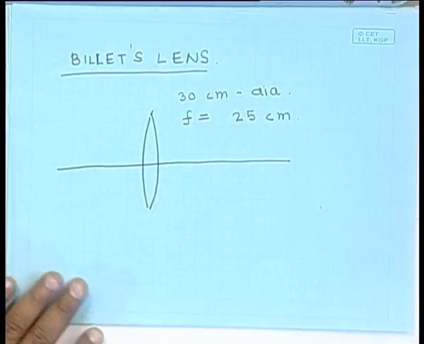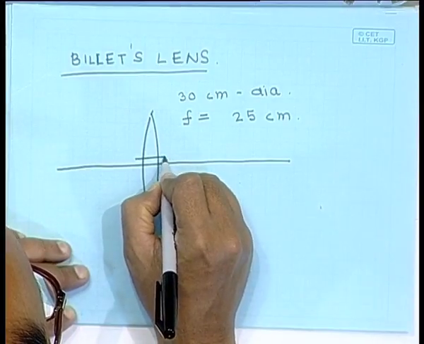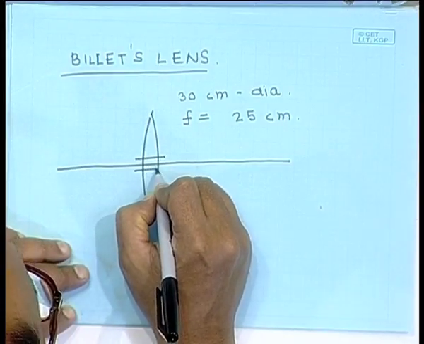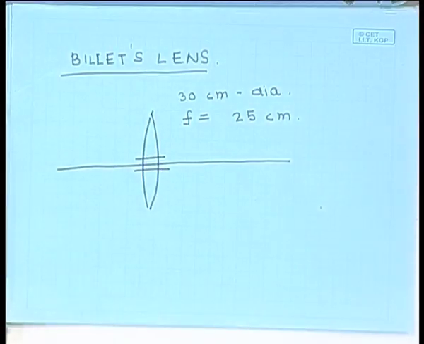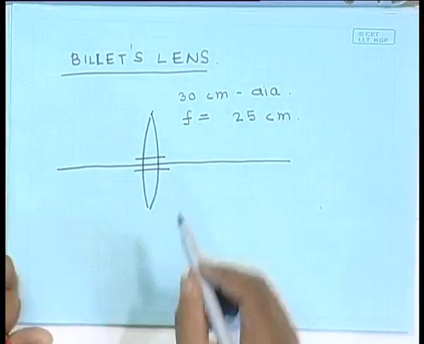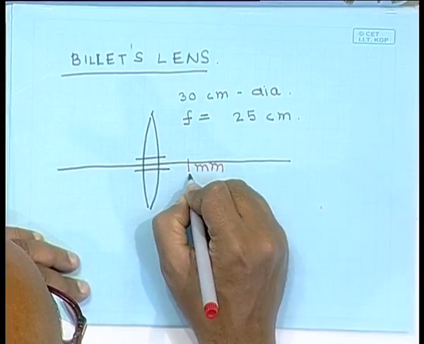Now, what is done is that a part of the lens, 1 millimeter wide from the center, is cut out.